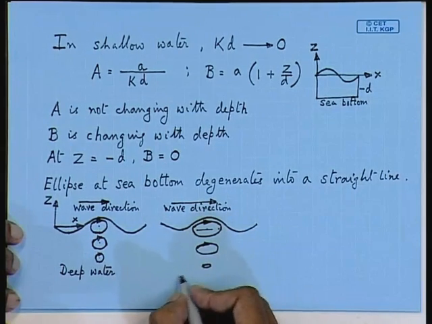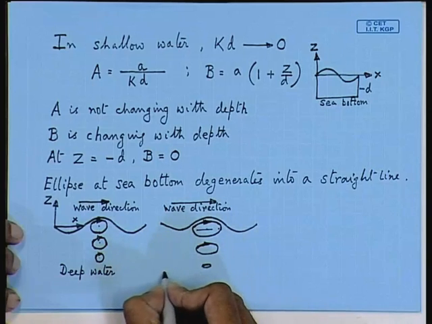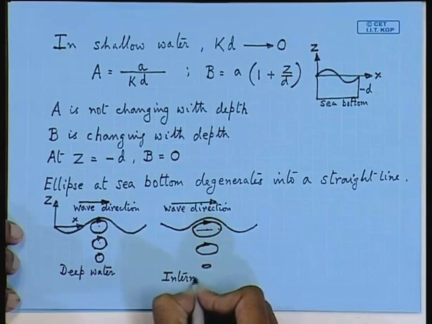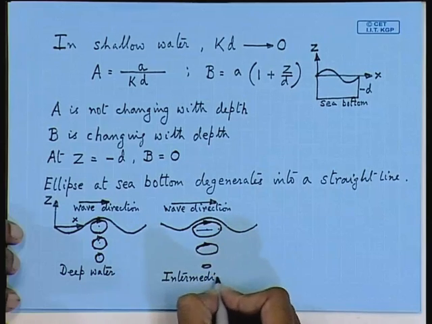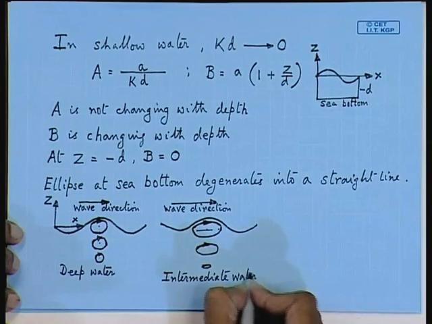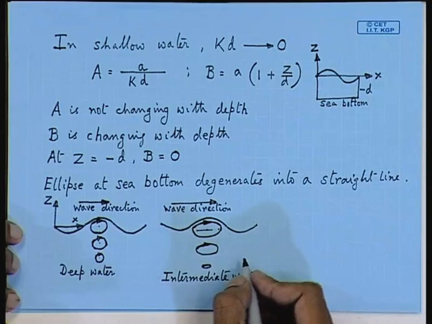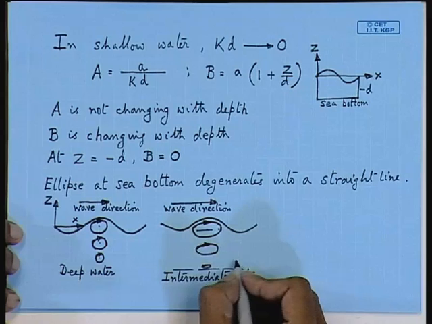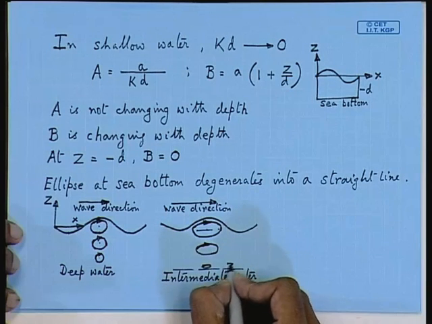So, this is your intermediate waters. And this is sea bottom. So, the value of z here is minus d.